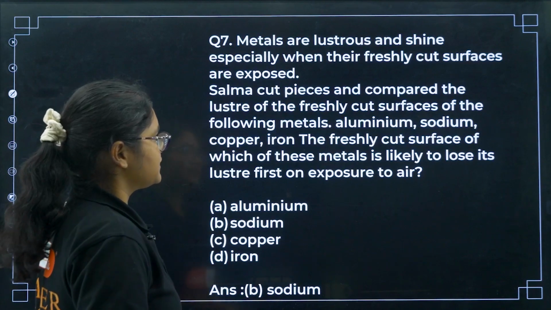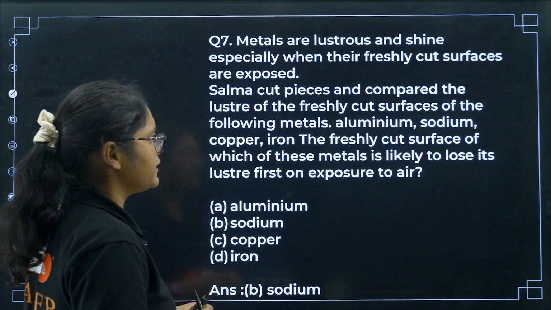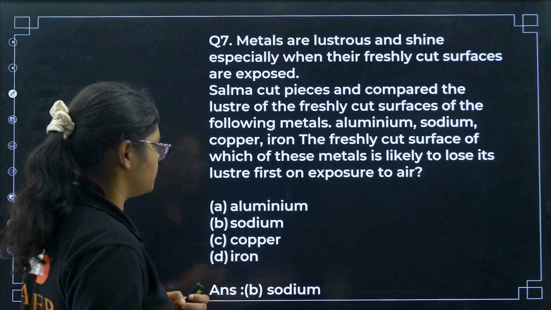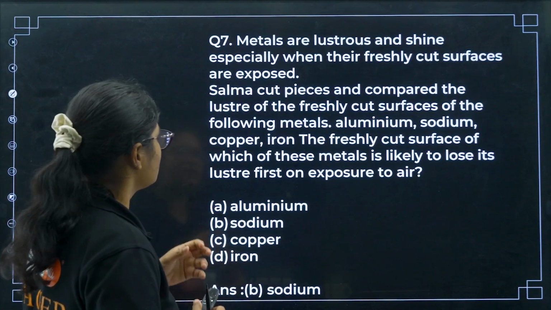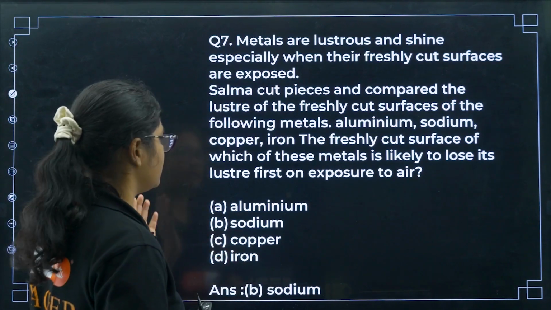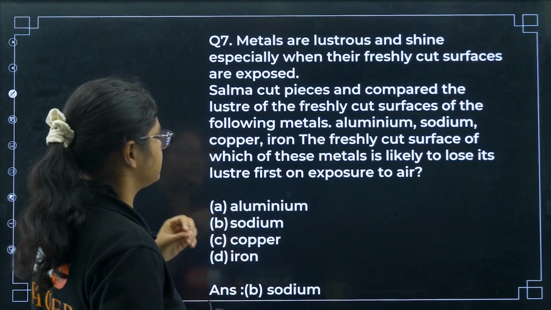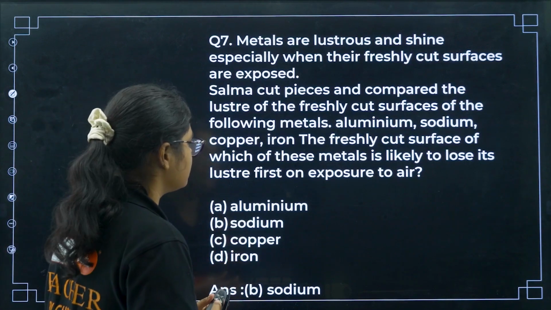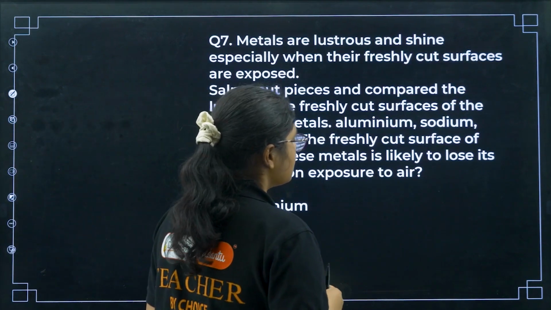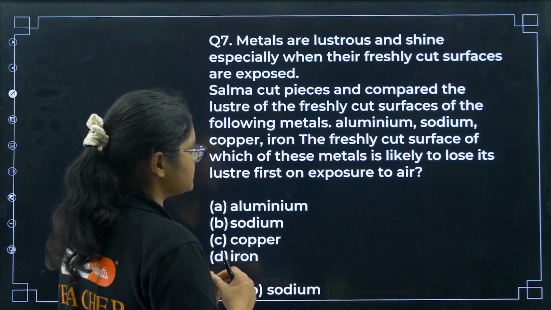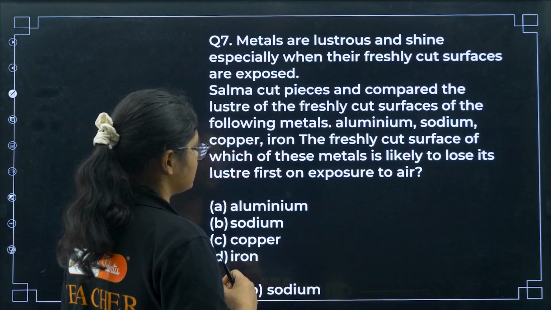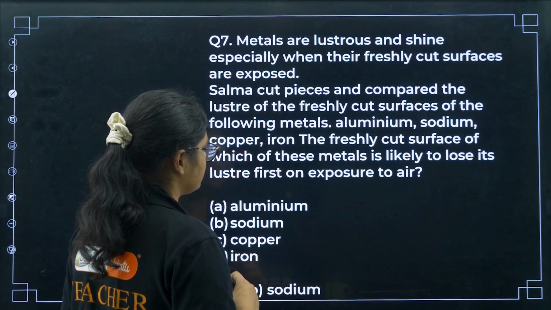Next, metals are lustrous and shine especially when their freshly cut surfaces are exposed. Salma cut pieces and compared the luster of the freshly cut surfaces of following metals: aluminium, sodium, copper and iron. The freshly cut surface of which of these metals is likely to lose its luster first on exposure to air?